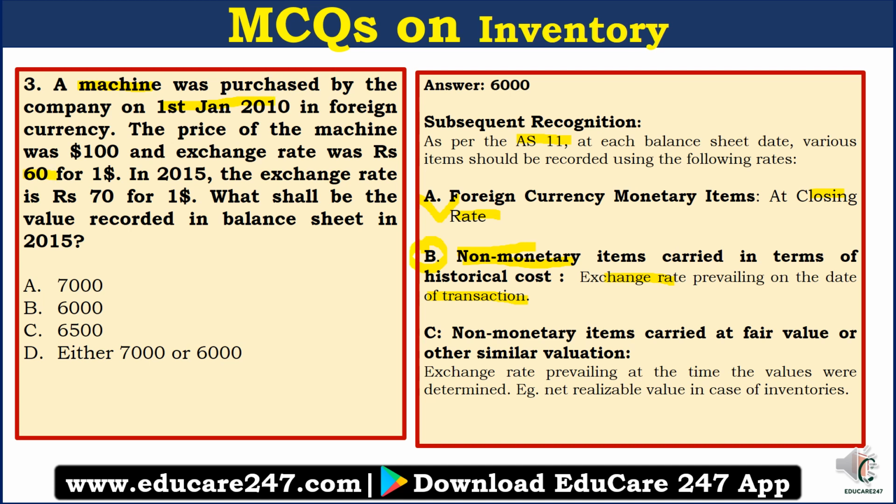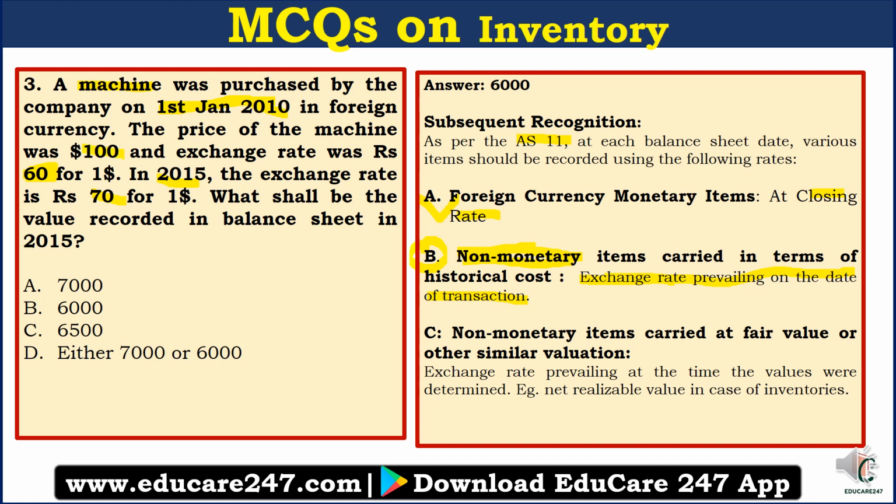Now in 2015, the exchange rate is ₹70, right? But for non-monetary items, subsequent recognition should be at the exchange rate prevailing on the date of transaction. So what is the date of transaction here? It is 1st Jan and the exchange rate on the date of transaction is 60. Hence, we come to the answer 6,000, which is 60 into $100.